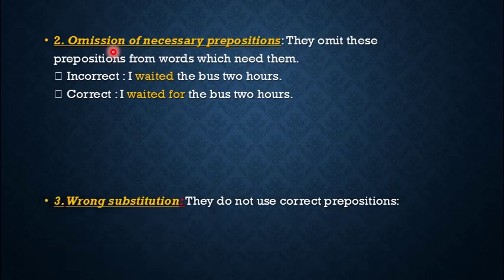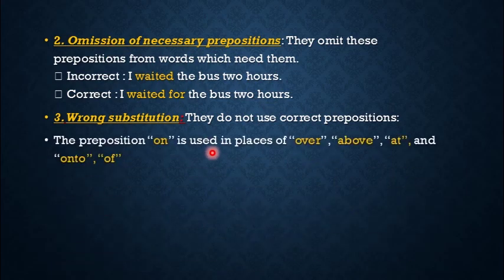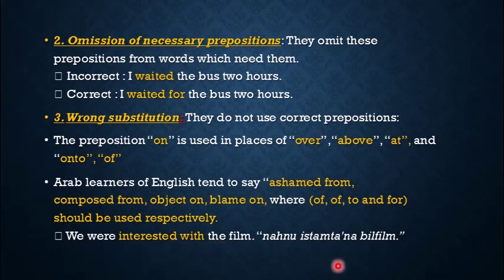Let's have a look at the third type, which is wrong substitution. Substitution means that a preposition is used instead of another one. Let's have a look at an example. The most famous one is "interested in" that we've mentioned before. Typically we use the preposition "with" instead of "in".